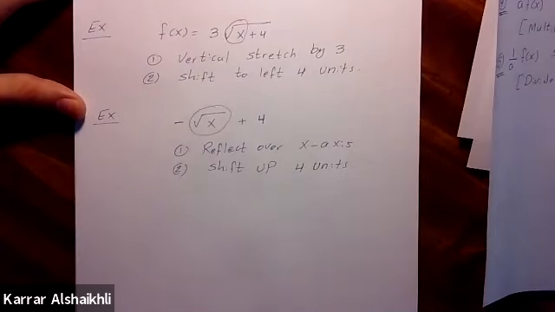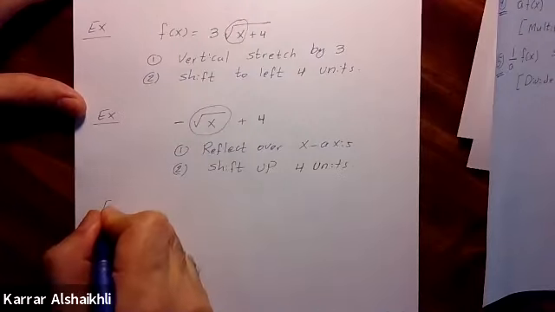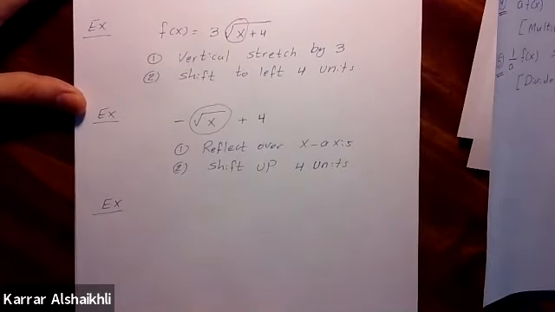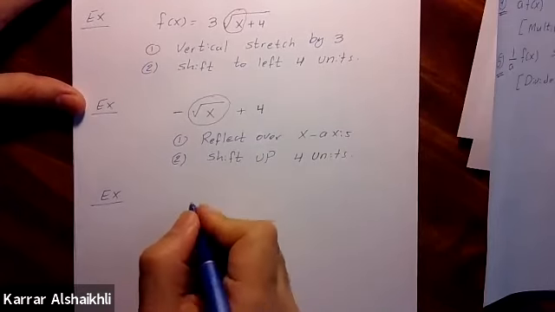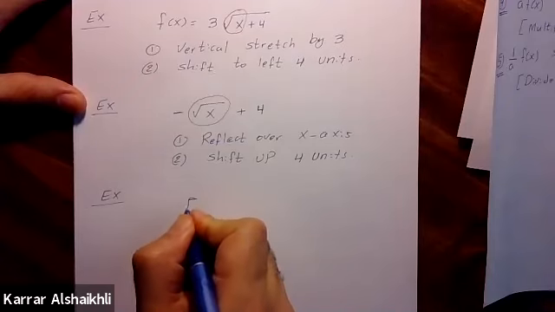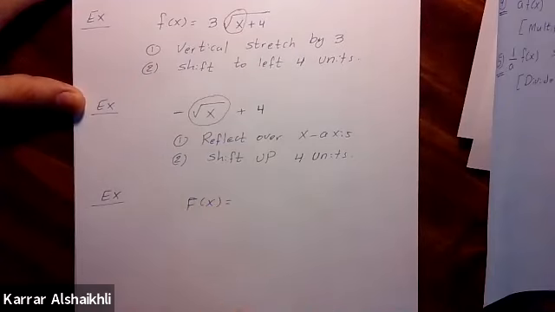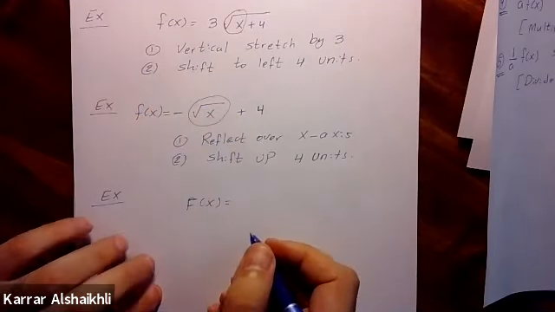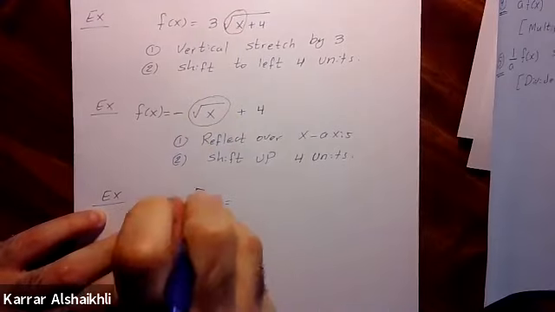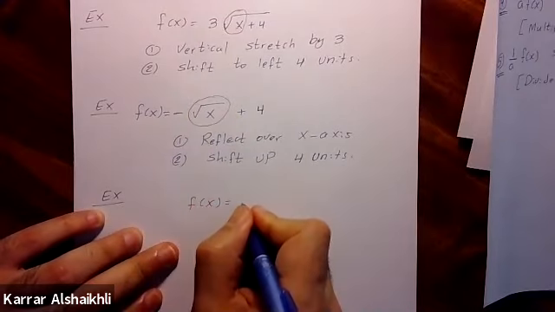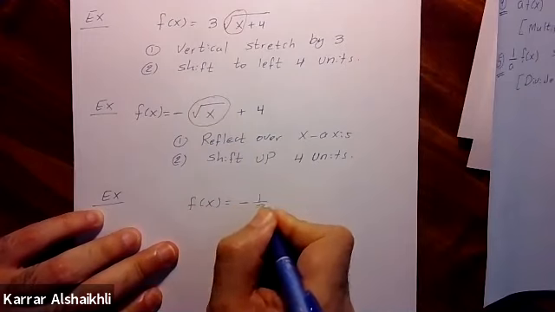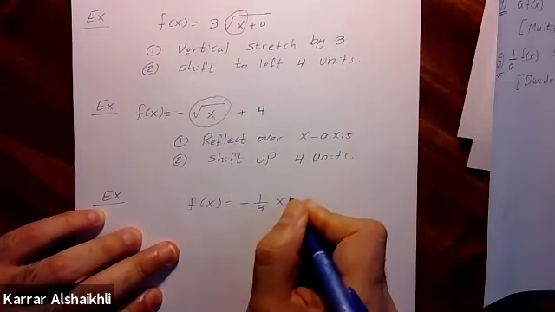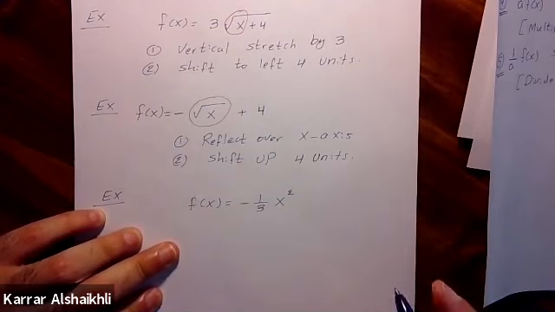Let's do another example. 2 techniques. Now let's move on to 3 techniques. Let's do 3 techniques. For example, with the 3 techniques, if we have f of x equal negative 1/3 x squared, just like this.